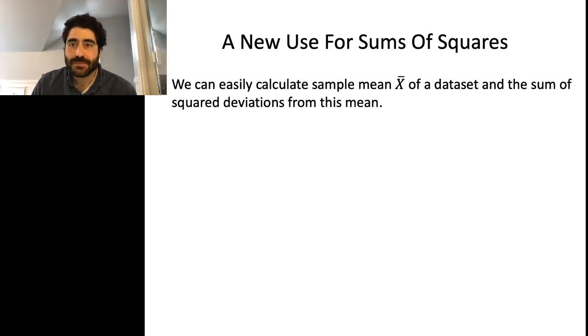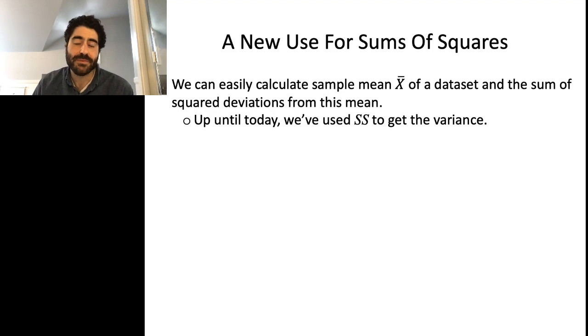We've computed sums of square deviations a lot of times in the class. So for example, if we want to compute the variance within some data set, we just need to know the mean of that data set. We compute all of the deviations away from that mean, and then sum up the squares of those deviations, right? And so this tells us something about how much variability there is around the mean, right?